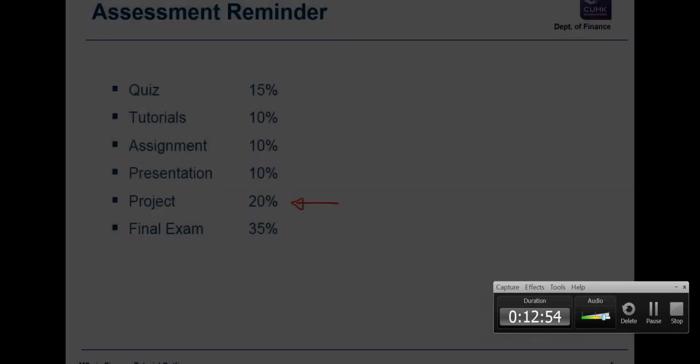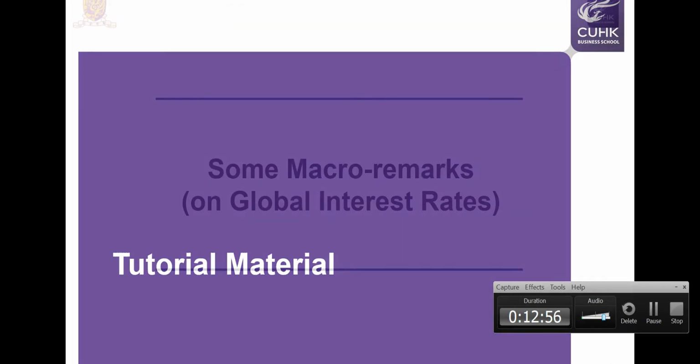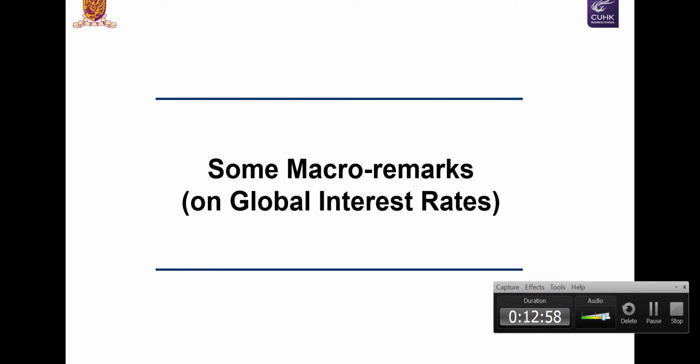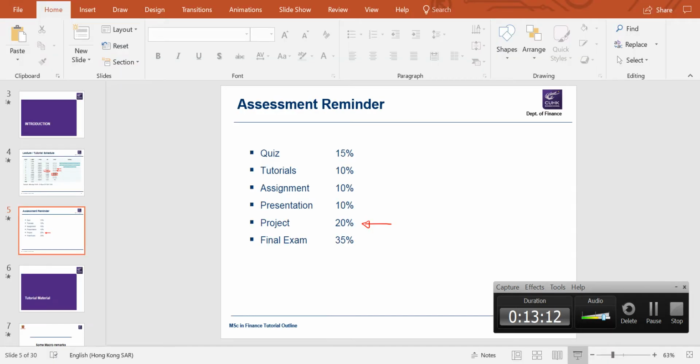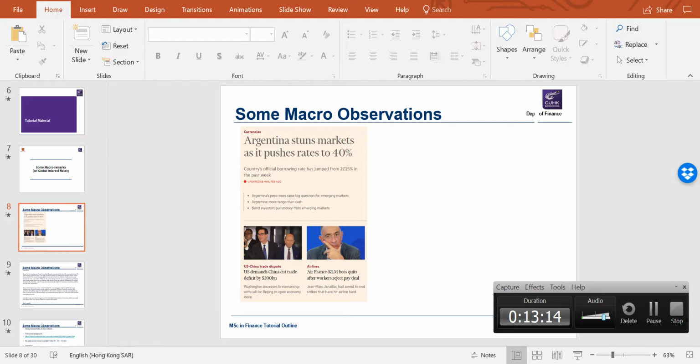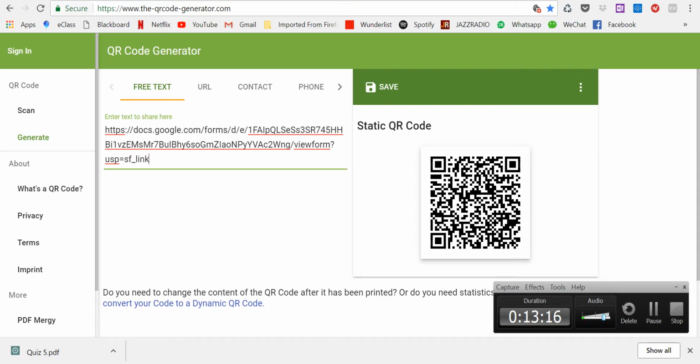Now I got an email from someone, and I thought it was worth sharing. I don't know if you saw this, but this was the headline overnight. It might still be the headline in the Financial Times.